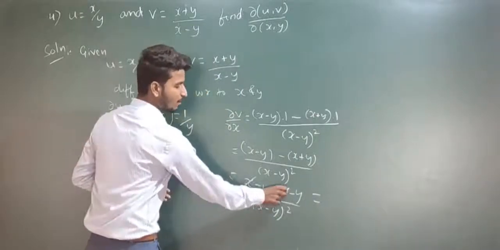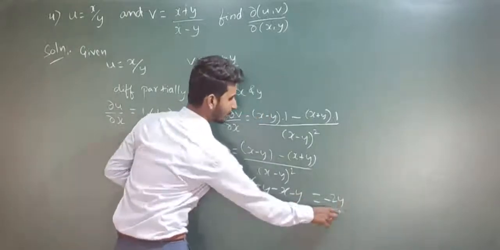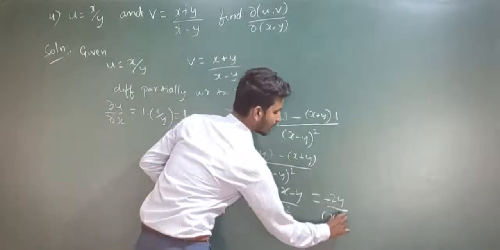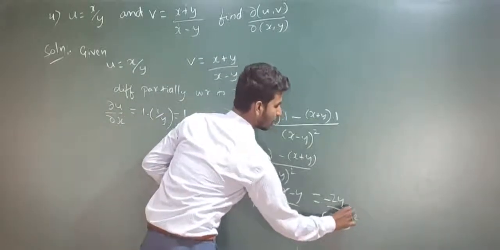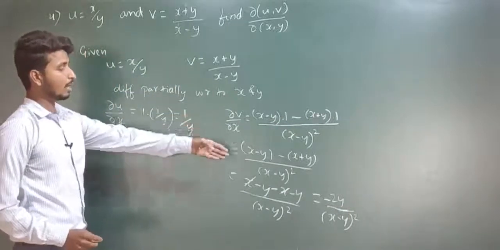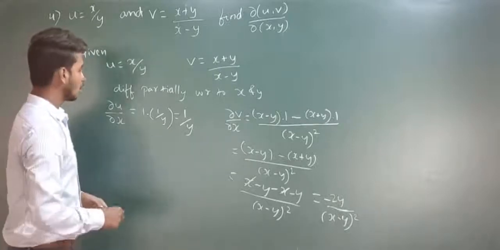Here plus x and minus x get cancelled, remaining is minus 2y divided by x minus y whole square. Here dou v by dou x is equal to minus 2y divided by x minus y whole square.